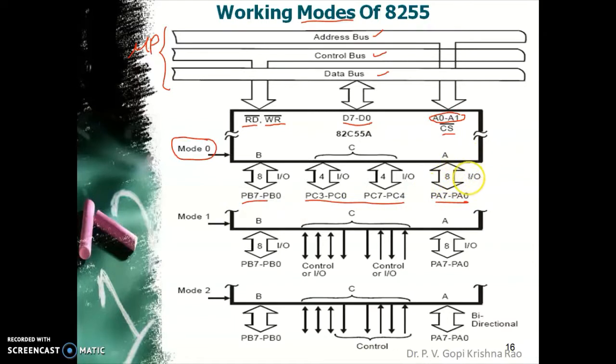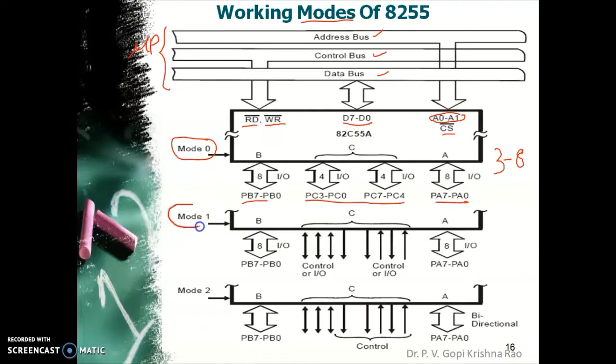Either they can be used as an input port or an output port. So here effectively we have three 8-bit ports in this mode of operation, and there are no handshake signals. Handshake in the sense there are no acknowledgement signals. So there is no guarantee of information being successfully transmitted or successfully received.